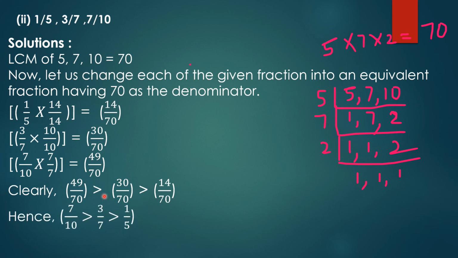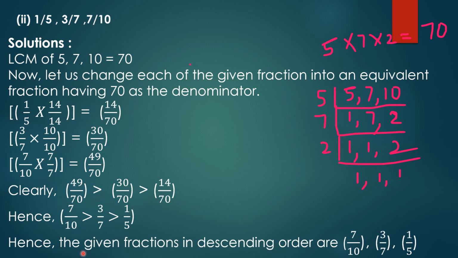The equivalent fractions are of 1 by 5, 3 by 7 and 7 by 10 respectively. Therefore 7 by 10 is greater than 3 by 7, which is greater than 1 by 5. Therefore the given fractions in the descending order are 7 by 10, 3 by 7, 1 by 5.